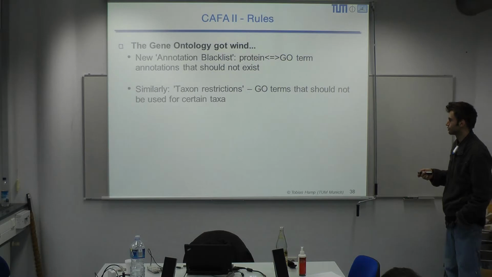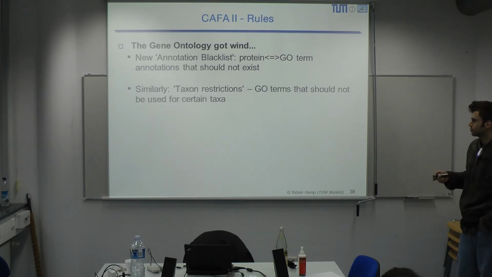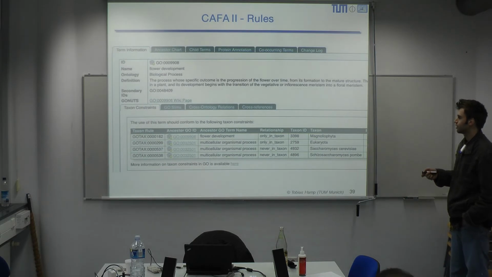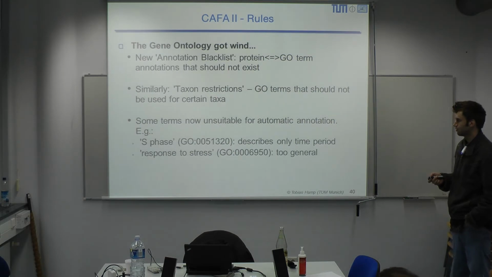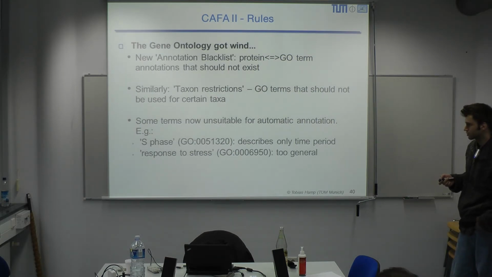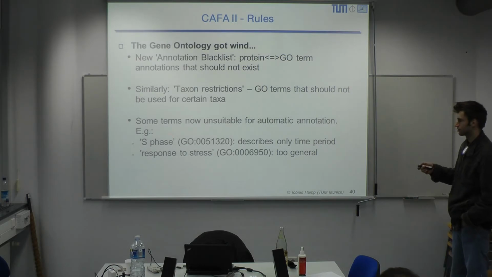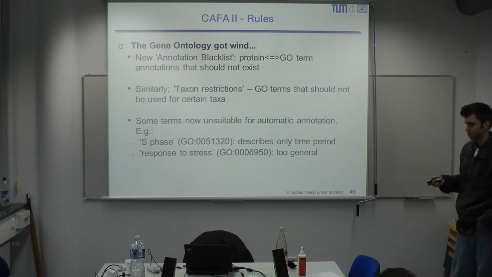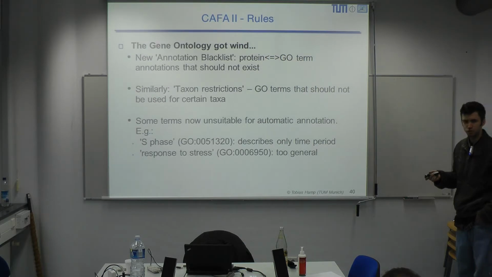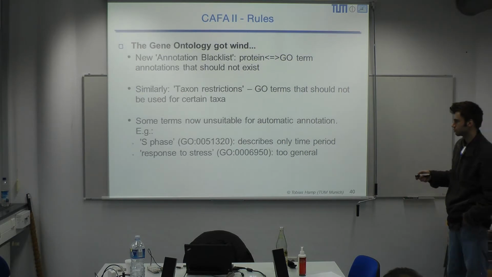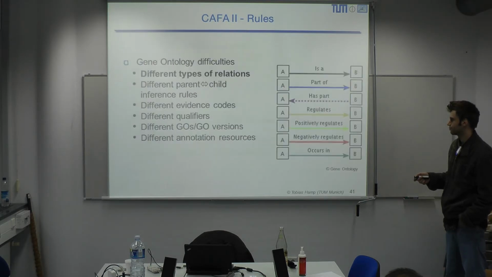Similarly, there are so-called taxon restrictions, which are GO terms that should not be used for entire taxa, like for example, flower development should only really be used in plants and not in humans or anything. And finally, some terms were discarded for automatic function prediction, like terms which only describe a function that is carried out for a very short period in the cell cycle, or GO terms which are generally considered to be too general.